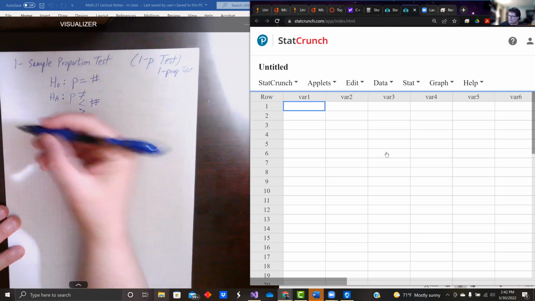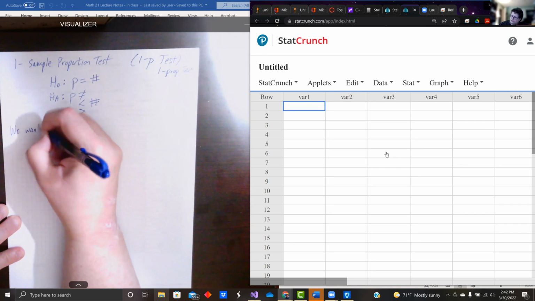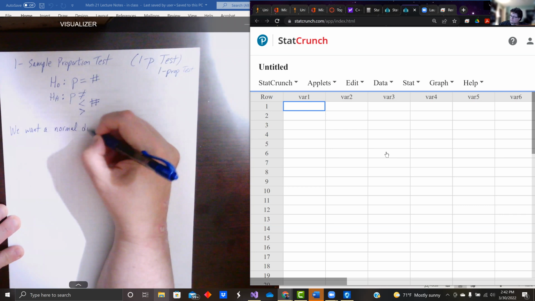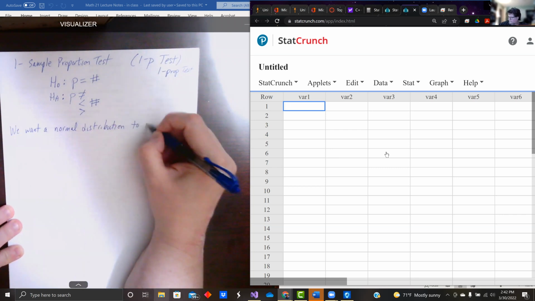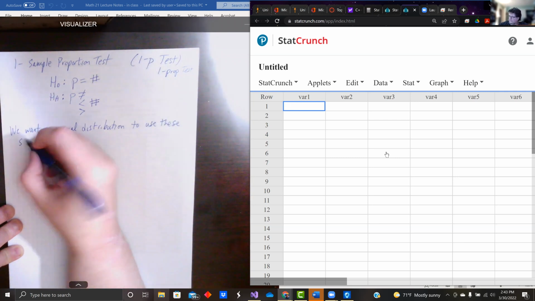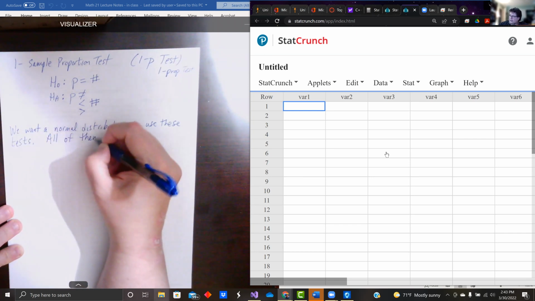Now, in every one of these hypothesis tests, we want a normal distribution to use these tests. All of them. We want a normal distribution.